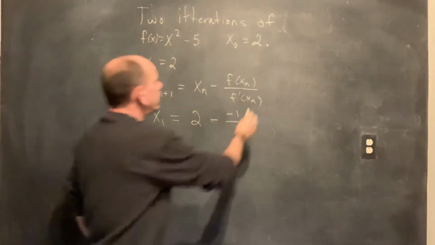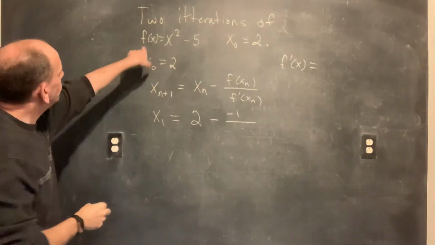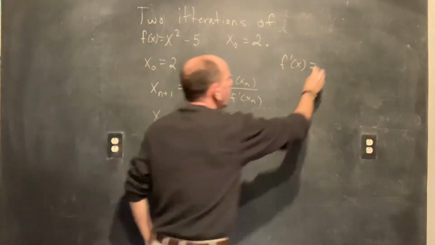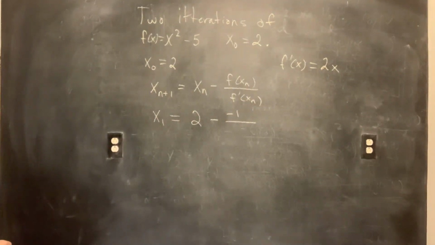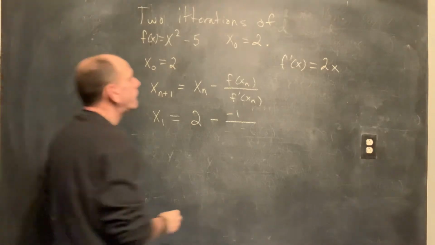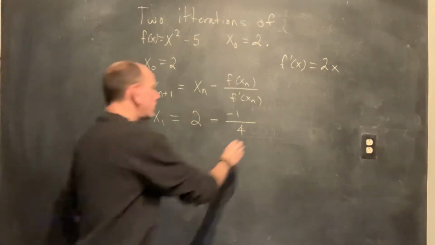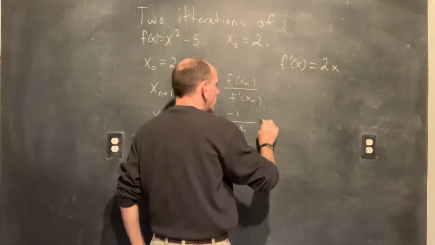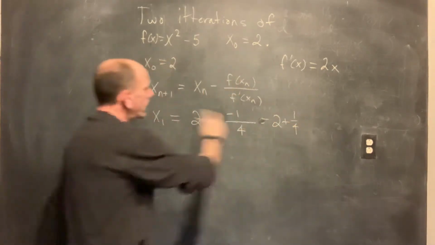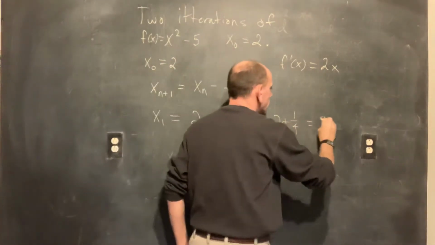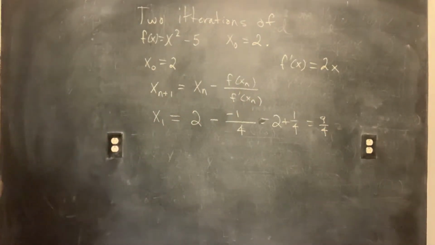And let's see, what's my derivative here? Derivative of f is 2x, derivative of a constant is 0. So my derivative there at 2 is 4. So it looks like 2 plus a quarter. That'd be 8 quarters plus 1 quarter, so 9 quarters. All right, so that's my next x.